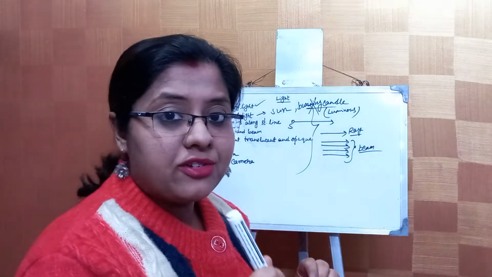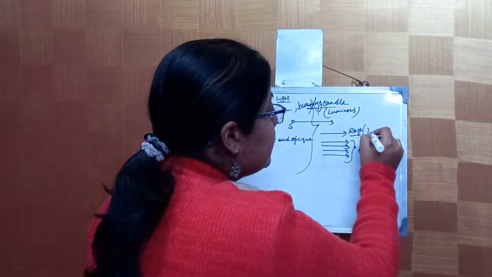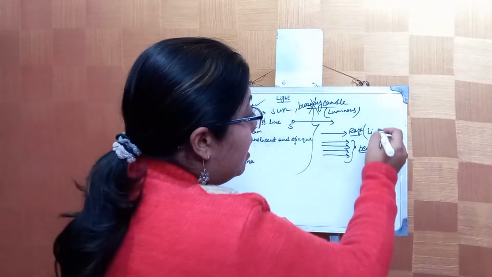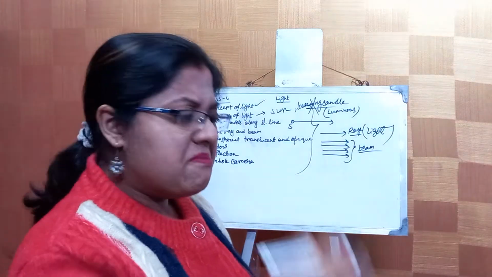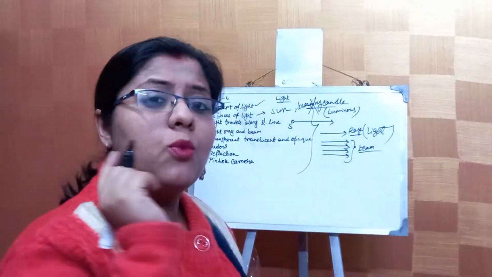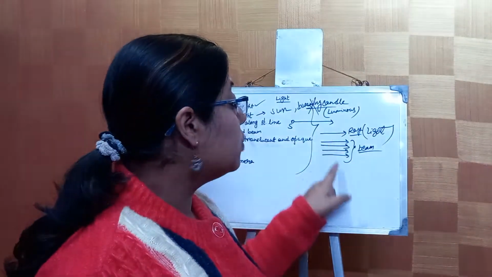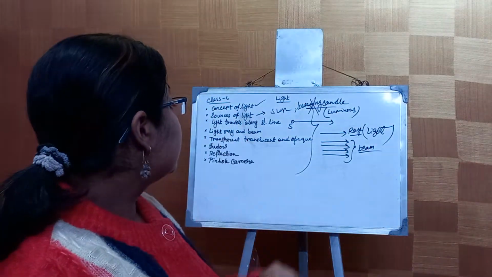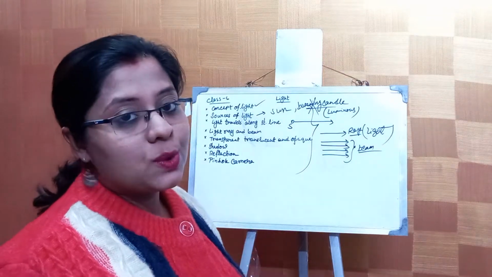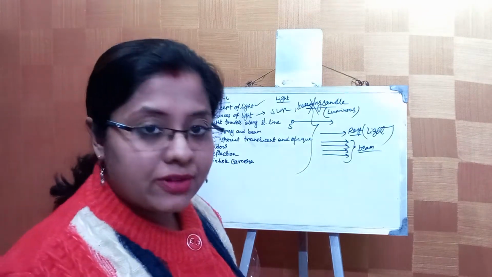That's only one ray. This is singular form, light ray. But when at a time many rays are coming out from one single source, those are to be called beam of light. Next, transparent, translucent topic already we have covered.